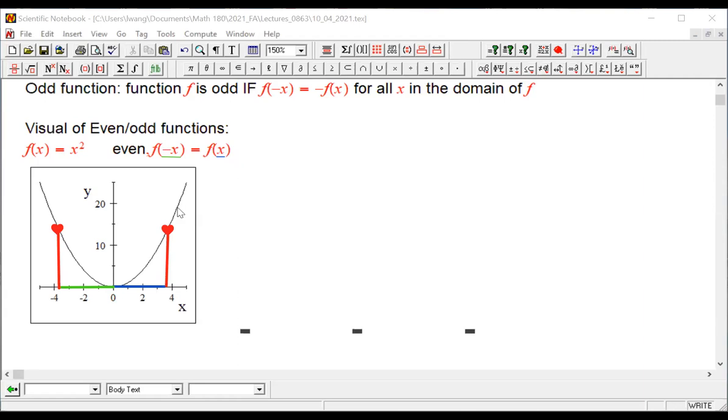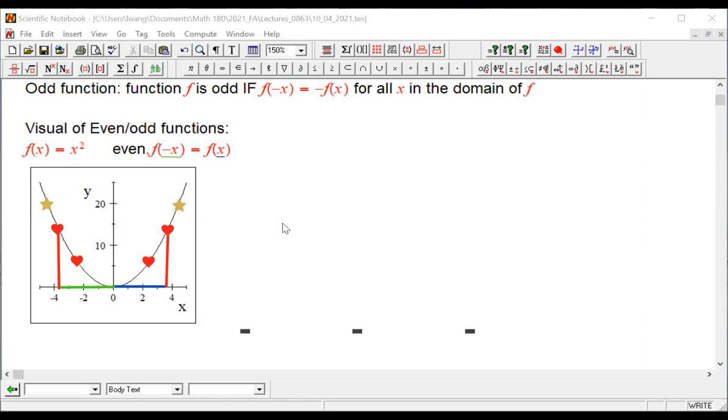There will be more pairs, anywhere, everywhere. So the consequence is that the picture is going to be symmetrical with respect to the y-axis.